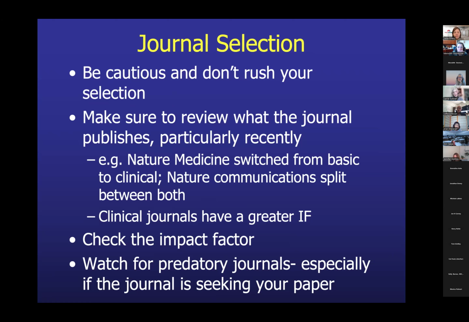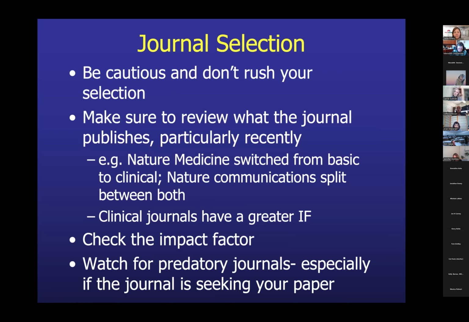Also, it's really important that you understand the dynamic nature of journal publication. And that is that journals are constantly looking to improve their impact factor. That's the number one, two, and three goal of journal publication: get the highest impact factor.